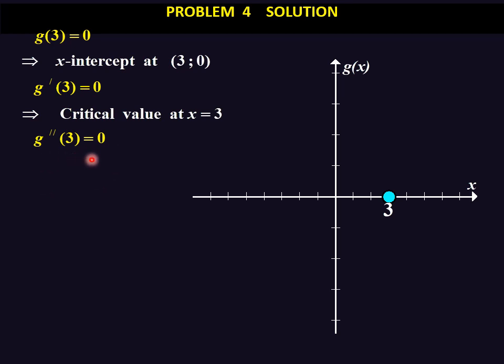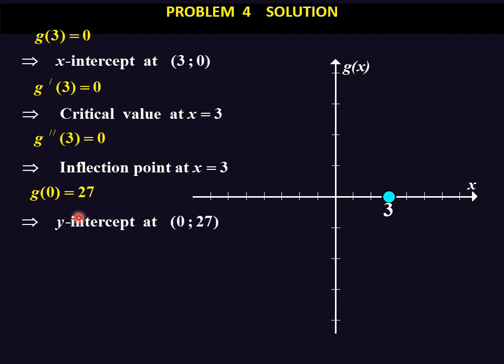That means I have an inflection, right? So we have an inflection point at x equal to 3. So this is actually not a maximum or a minimum, it's actually an inflection. g(0) equal to 27. That means x is 0, y is 27. That is a y-intercept. Let's plot the y-intercept, and there we have it.